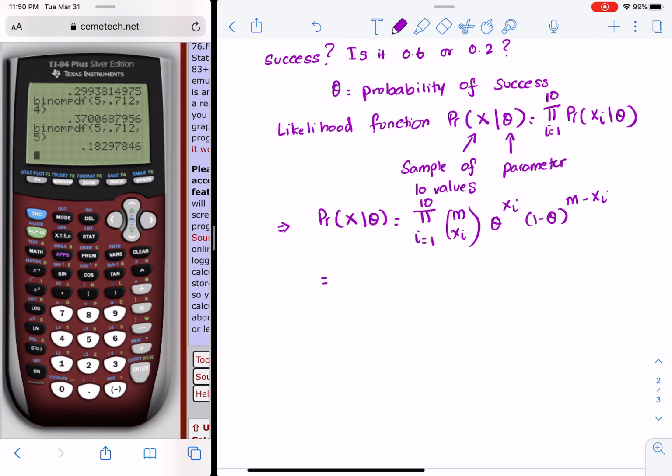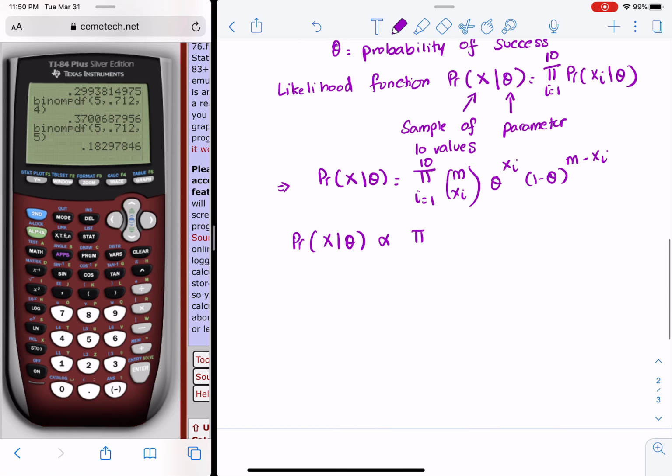Now, for reasons that I cannot go over here, I will simply say that the likelihood is proportional to the product, i equals 1 to 10, of theta raised to Xi times 1 minus theta raised to m minus Xi.